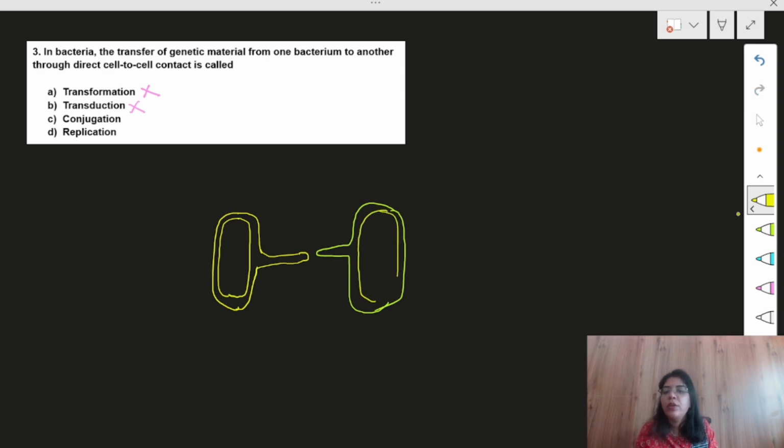This bacterial cell has its own DNA, and this one has its own DNA, but this bacterial cell has one more thing, a smaller plasmid. This one doesn't have it. So this bacterial cell is called F positive. It has a plasmid called fertility plasmid, so it can act as a donor. This one does not have that plasmid, so it is considered the recipient.